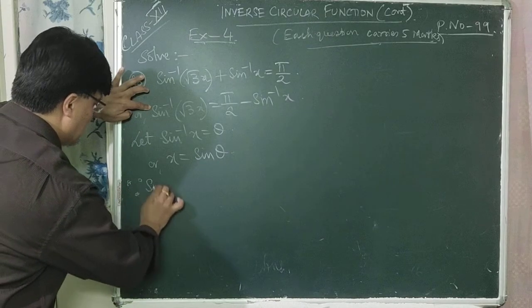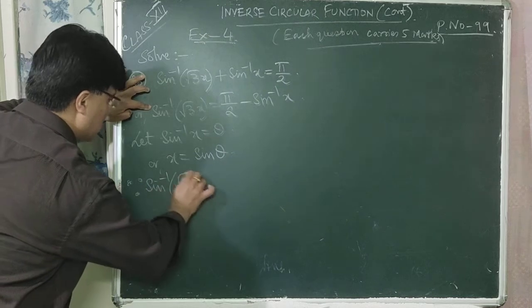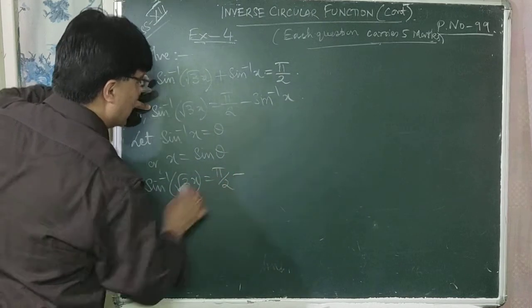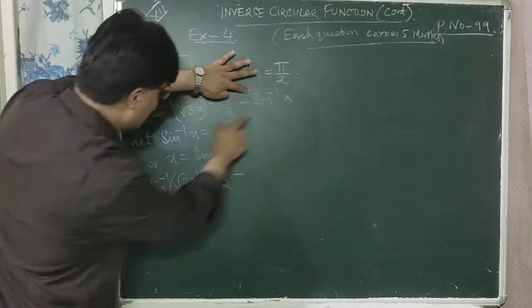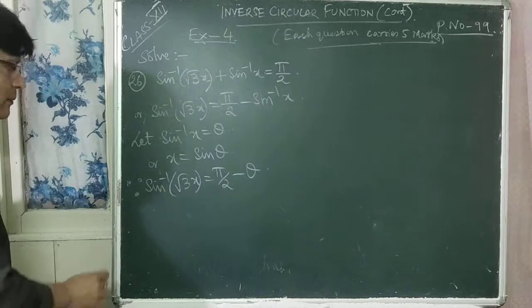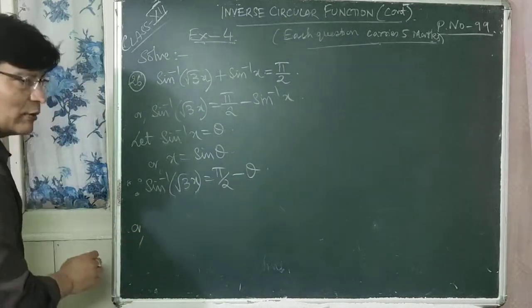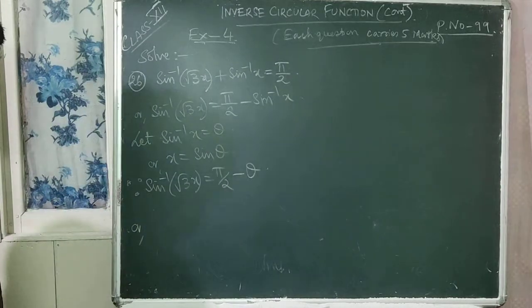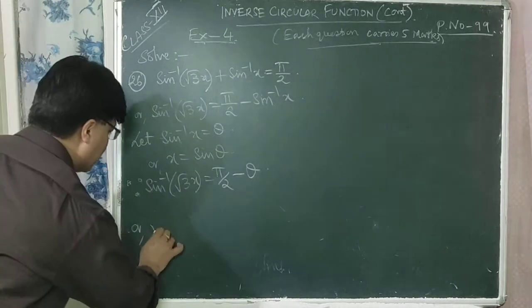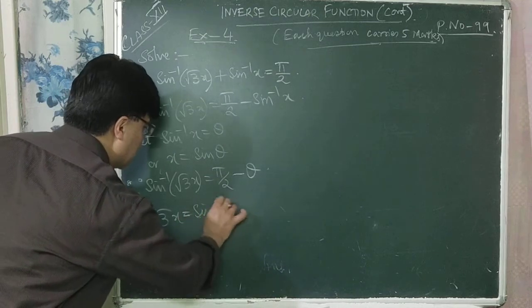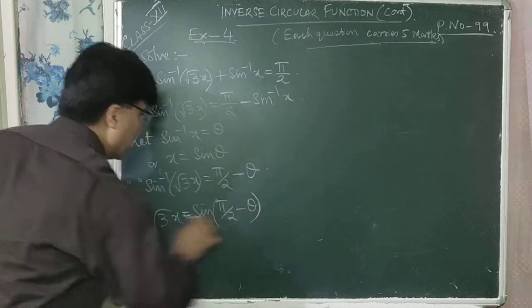Since sine inverse root over 3x is equal to pi by 2 minus sine inverse x, which is assumed as theta, now let us take this sine inverse to the right hand side, so it becomes sine, isn't it? So root 3x is equal to sine within bracket, pi by 2 minus theta.